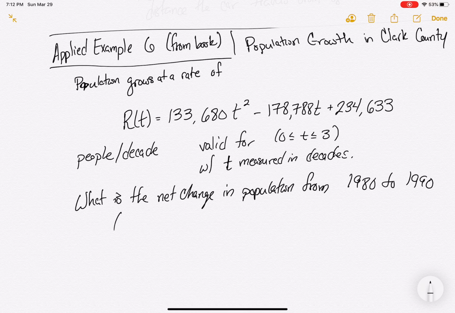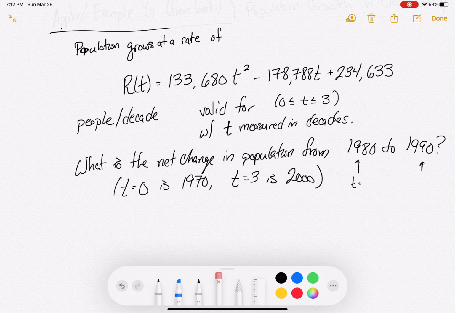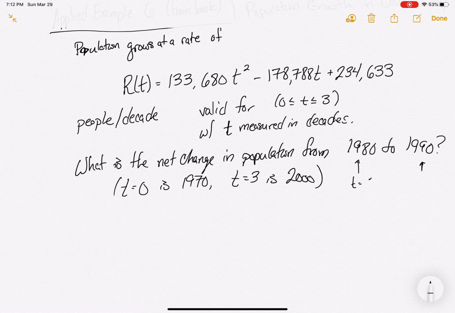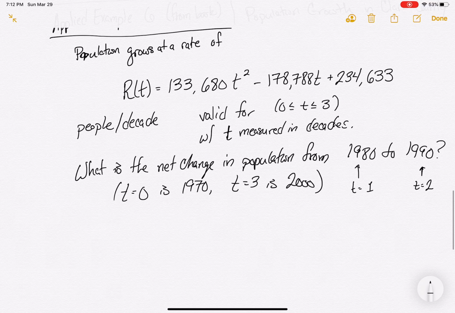And really, t equals 0 is 1970, and t equals 3 is 2000. So this is really asking us for the difference between t equals 1 and t equals 2. So it's asking for the net change in population.